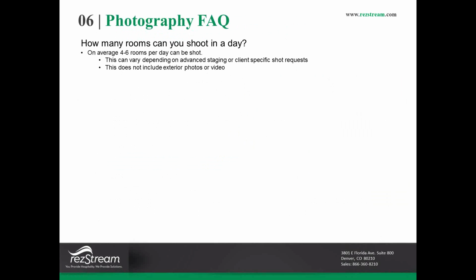If you remember the shot where I shot that dust shot with the flower petals, that staging obviously took a lot more time. It was a lot more involved, and that took me away from some other actual tasks that I could shoot on property, but that photograph was very important to the client. So make sure you pick specific shots that are important to you. And this does not include exterior photos or shooting video at the same time.